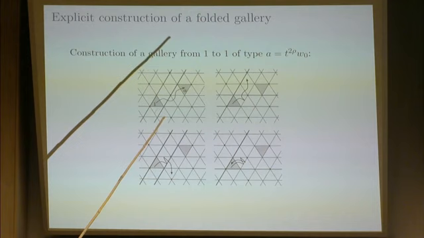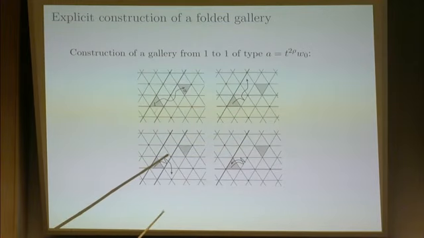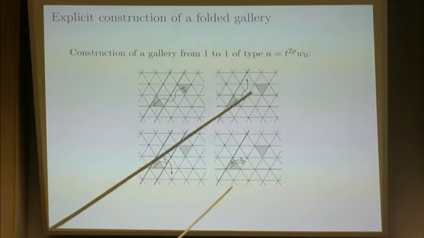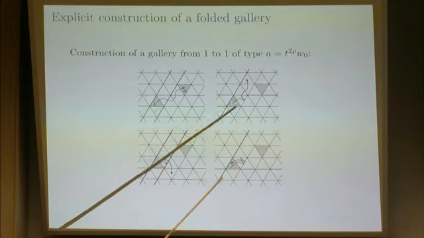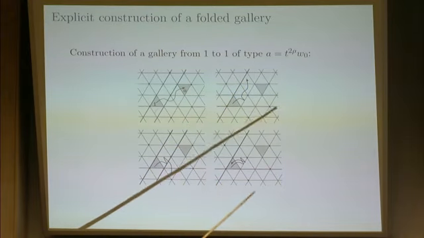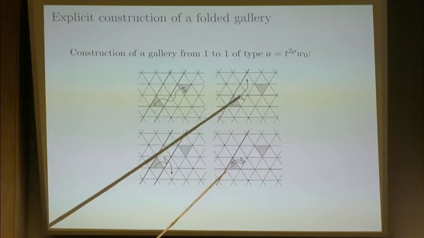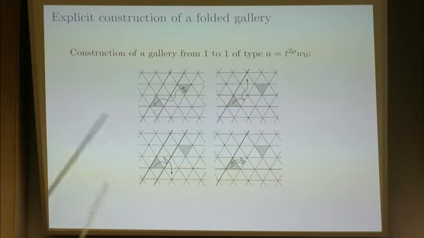And the rest of the gallery is the reflected image of the rest of the original gallery. And then we fold again along this horizontal hyperplane. And again, we keep the initial bit, and we reflect the remaining bit along this hyperplane here. In terms of words, this means we put a head on the generator that corresponds to this panel.